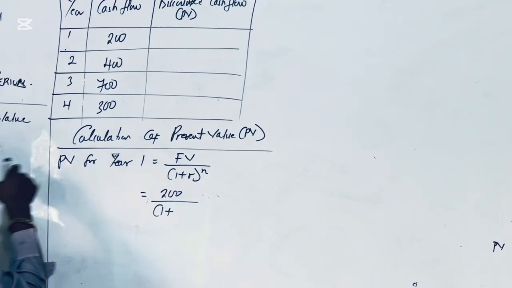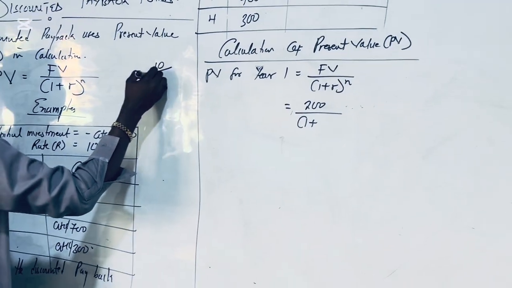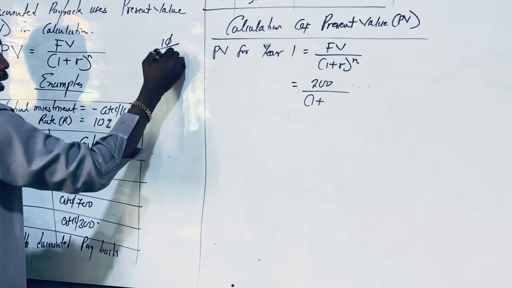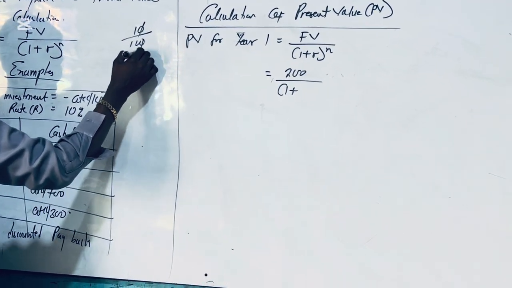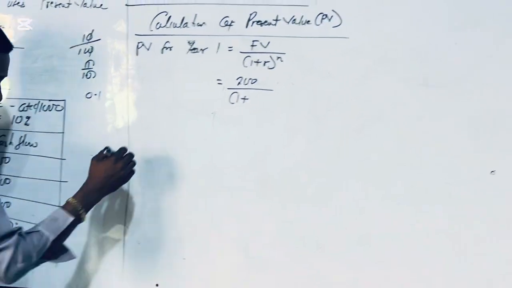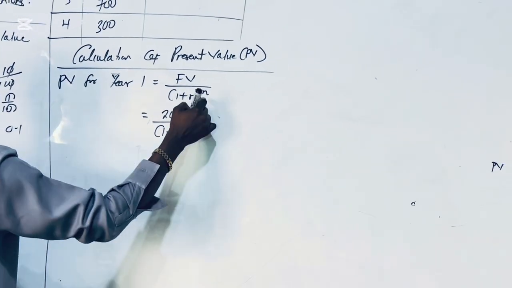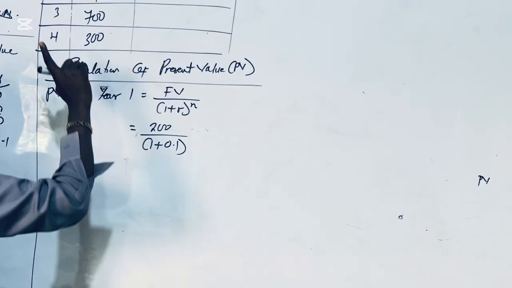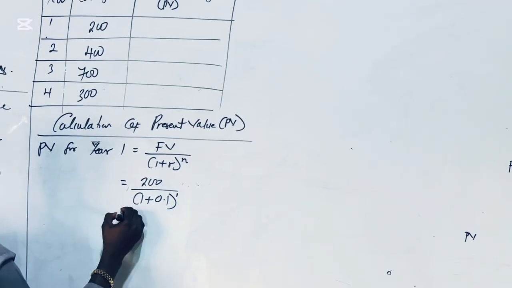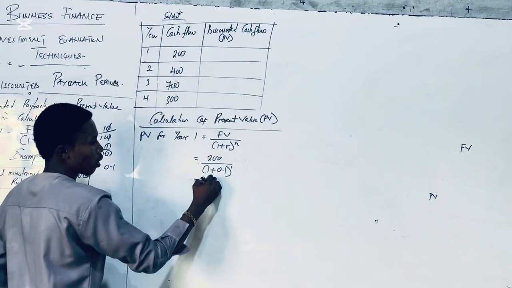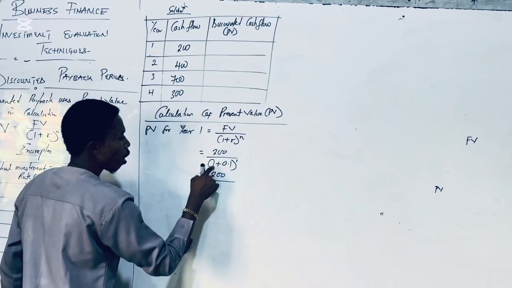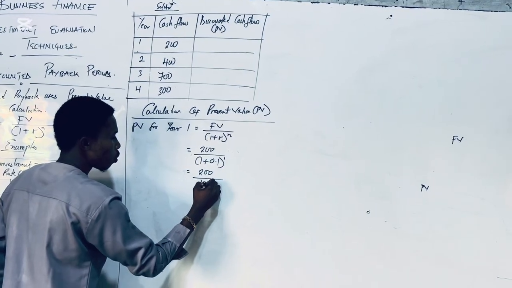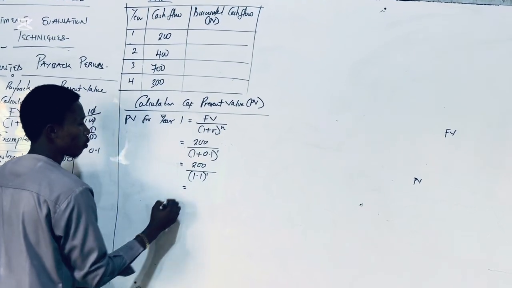Remember, r is 10%, and when we say 10%, meaning 10 over 100, that is 1 over 10, which is 0.1. So this is 0.1 raised to the power n, where n is the number of years, which is 1 year. So we can say 200 over 1 plus 0.1 is 1.1, raised to the power 1.